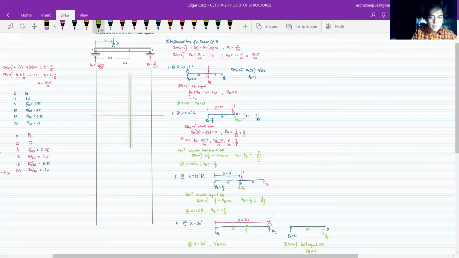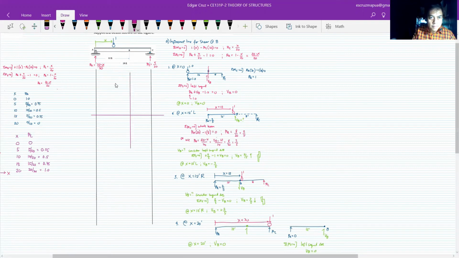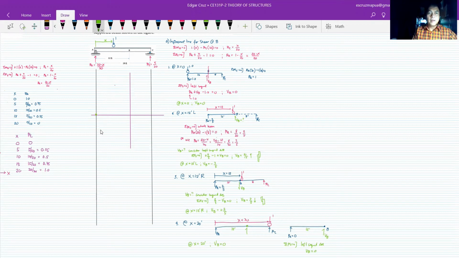Okay. So at x equals 0, the shear at B is 0. Okay, so dito yon. At x equals 0, the shear at B is 0. So di bali ito yung shear sa B. Yan.